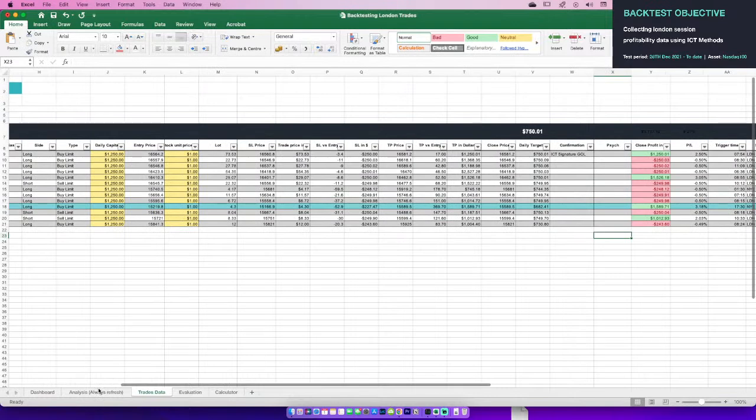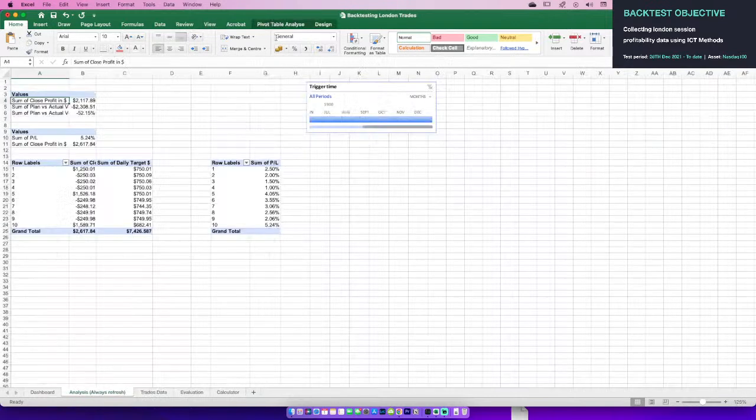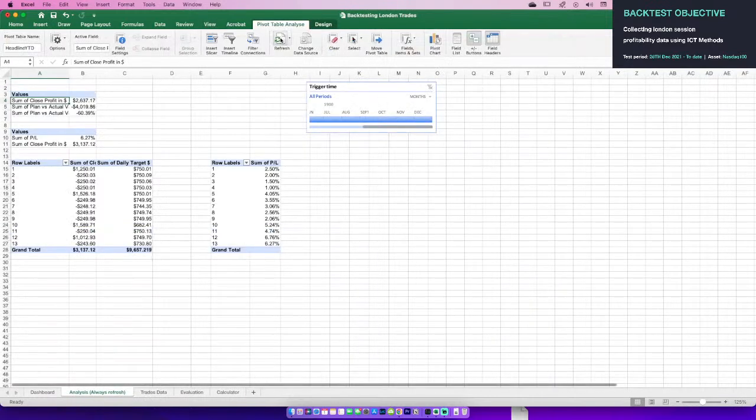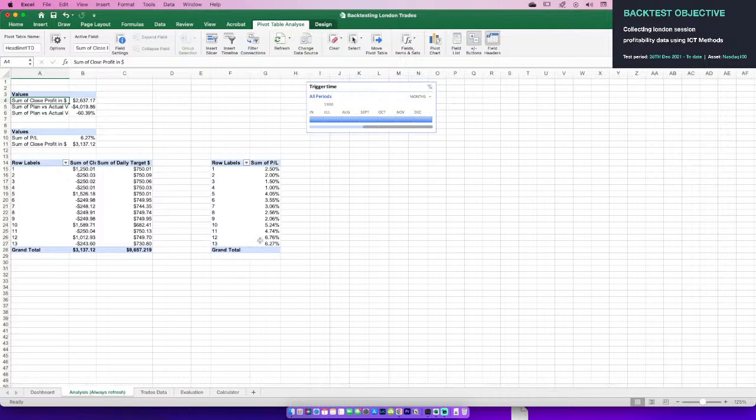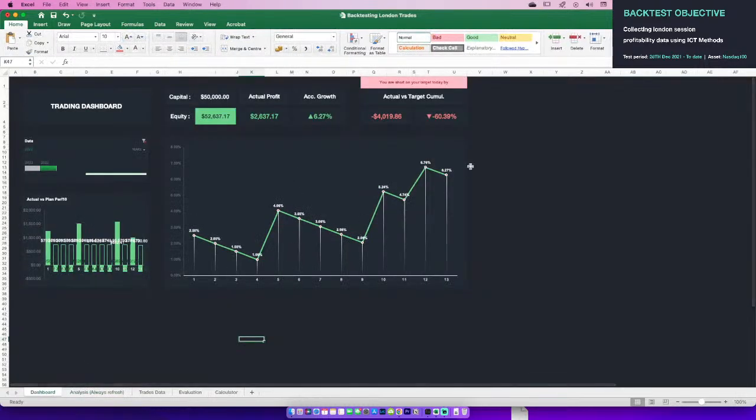I'm fully aware that the winning rate doesn't make the strategy, because look at the cumulative P&L. It looks pretty decent. I mean, it's not the worst.